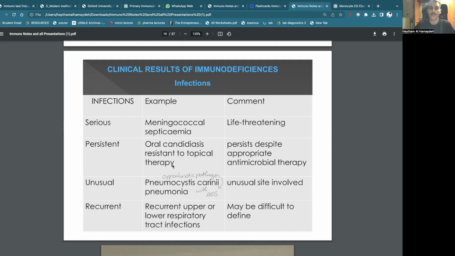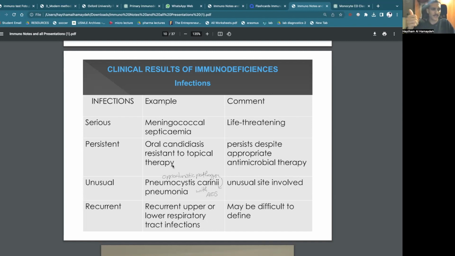Something that is recurrent is when this patient is always having that problem. It always comes back to him, such as upper and lower respiratory tract infections. Just memorize those and you'll be fine. But I just wanted to get you to understand why they put those slides just like that.